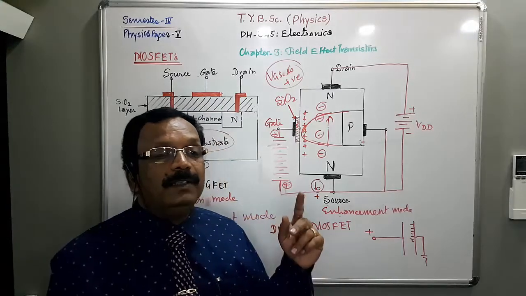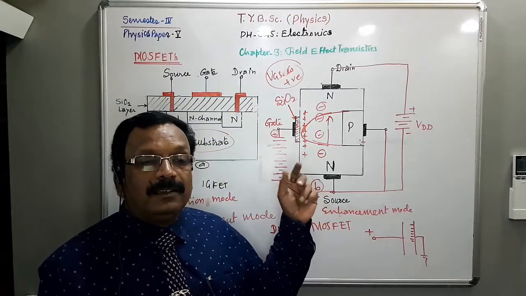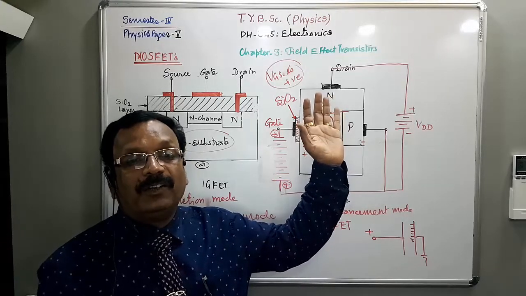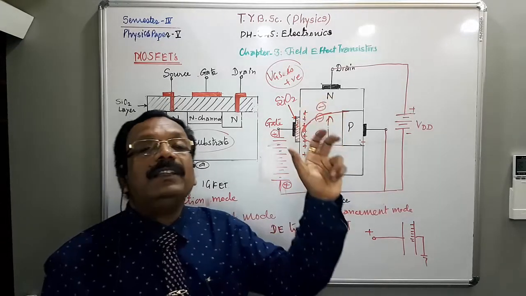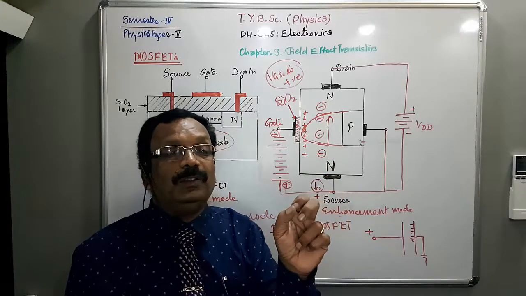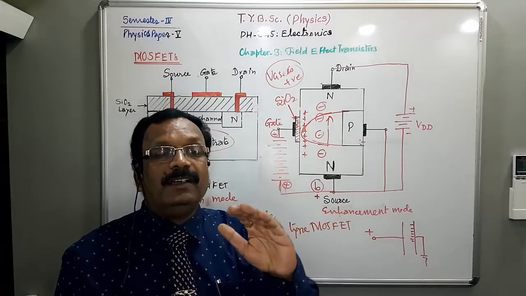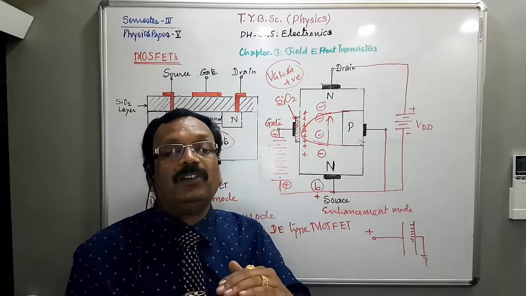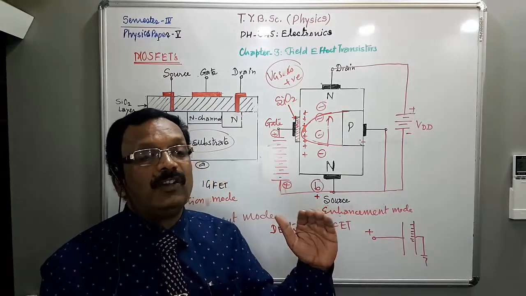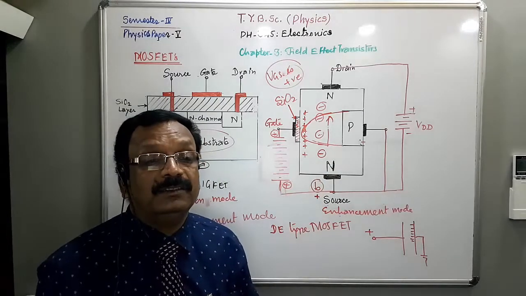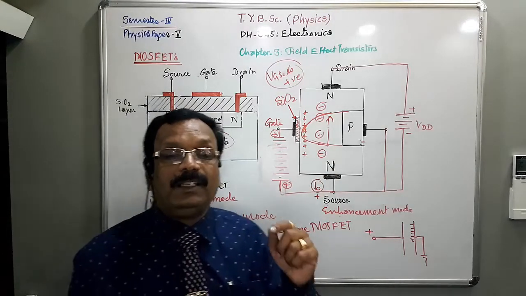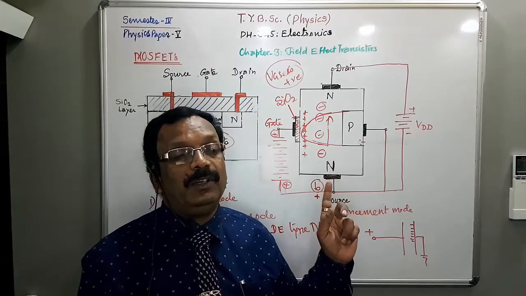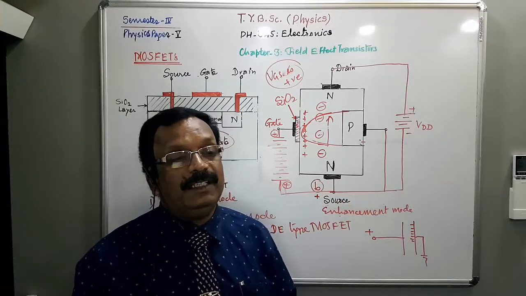The N channel region near the drain end is totally depleted of free electrons, hence the channel width is almost zero, and therefore the drain current reduces to zero. This phenomenon is analogous to pinch-off in a JFET, and thus the working of the MOSFET with negative gate voltage is similar to that of a JFET.